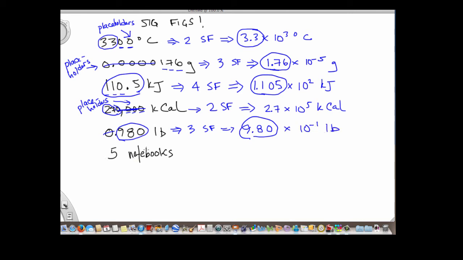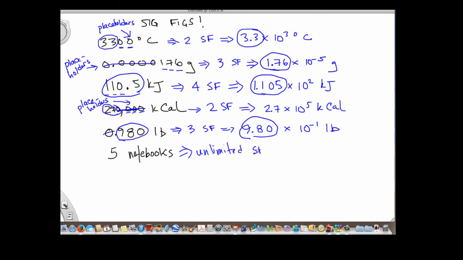In our last example, 5 notebooks. This is something different. This is a counting number. We are simply counting as whole numbers how many objects we have. This would apply to, for instance, 25 students in a class, 100 pennies in a jar, 36 horses in a pasture. So all counting numbers actually have an unlimited or infinite number of significant figures.